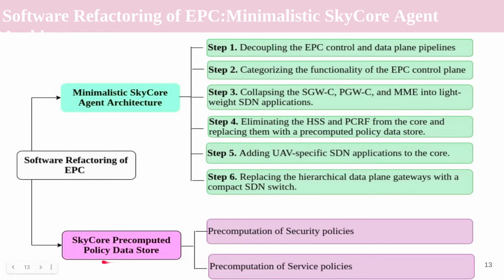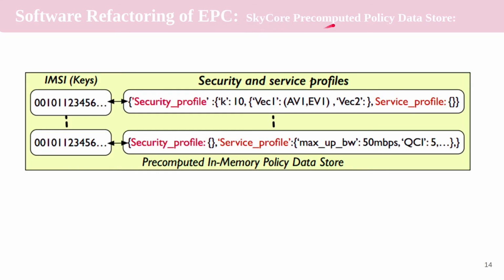And the second one is the SkyCore pre-computed policy data store. In it, we have a pre-computation of security policies. Network access security in the LTE network relies on a shared user-specific key that is stored in the HSS and user SIM cards.